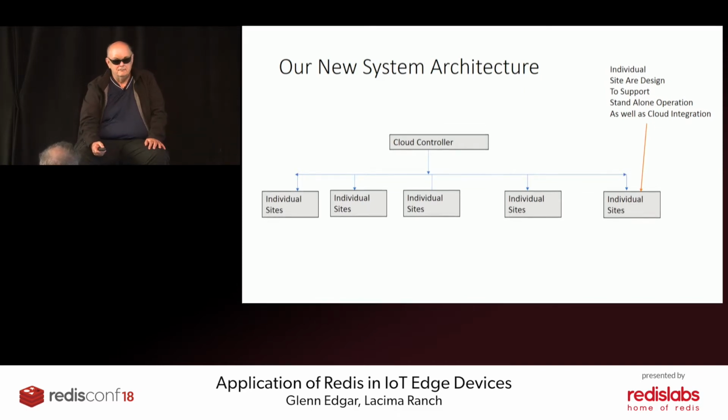At my farm, I have fiber optic internet, so it's a function of the site. The site has to be able to be standalone, and it also has to have the ability, where possible, to have cloud control. Like right now at my conference, I use my cell phone to manage my irrigation system and keep track of the farm operation.